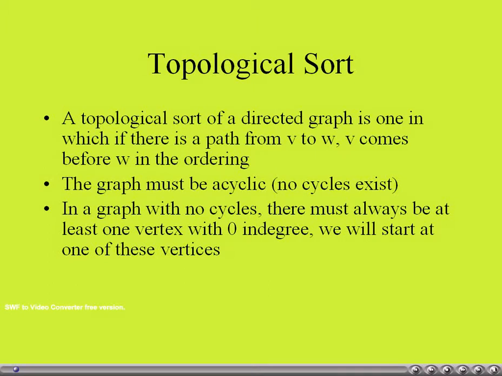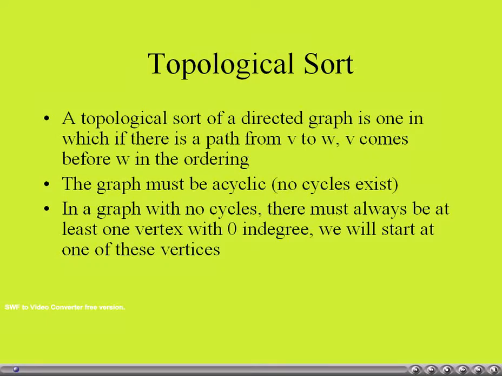Also, we have to know one important aspect, that for any acyclic graph, definitely there will be at least one vertex with 0 in-degree. So while calculating the topological order of the nodes of the graph, we will start with the nodes whose in-degree value is 0.